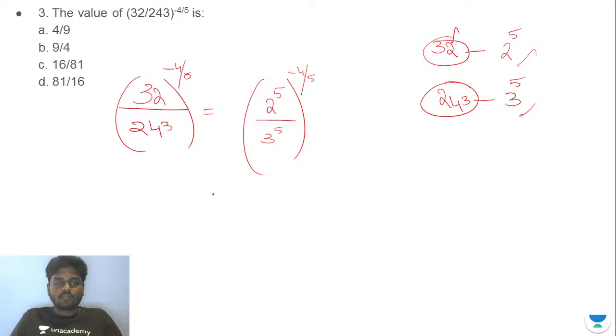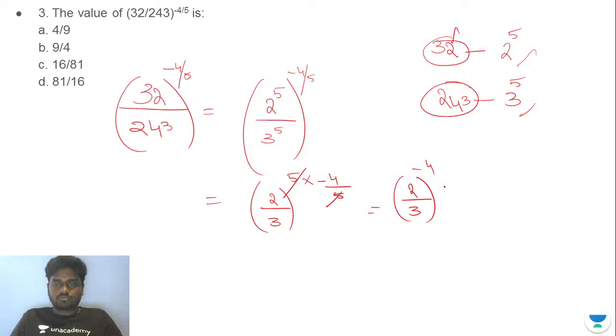All good? So I can do what? It's going to be 2 by 3 to the power 5 into minus 4 by 5. So 5 gets cancelled. Listen very carefully, guys. I'll be left with 2 by 3, the whole power minus 4.